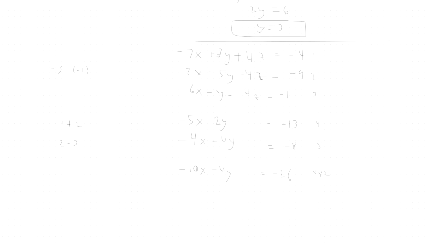Minus 4x minus 4y equals -8. Now are we going to add or subtract? Subtract. -10 minus -4 is -6x.